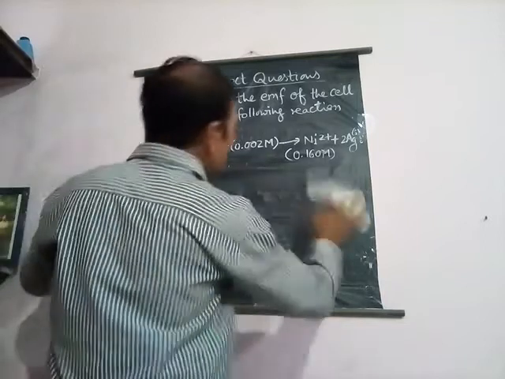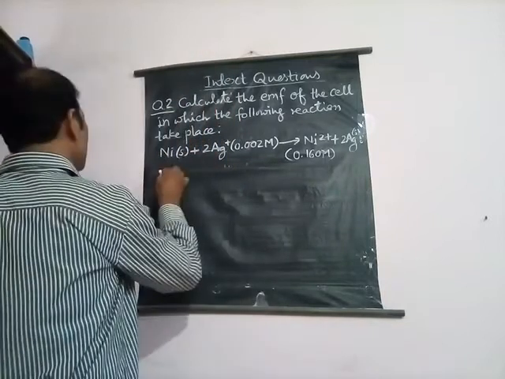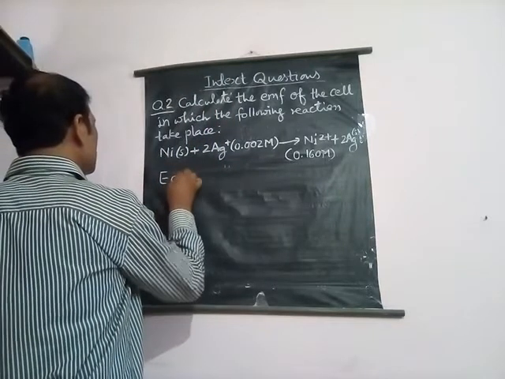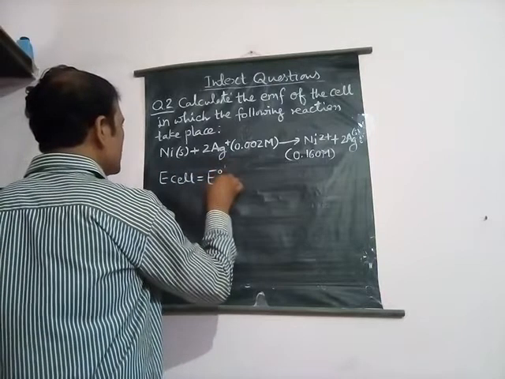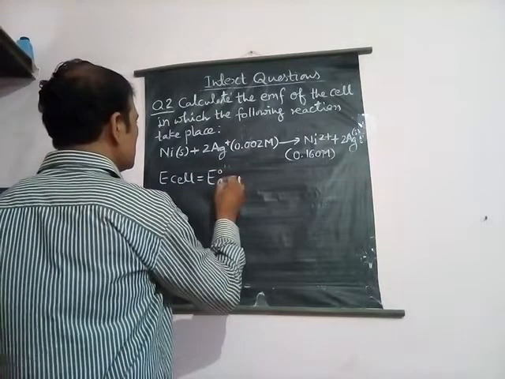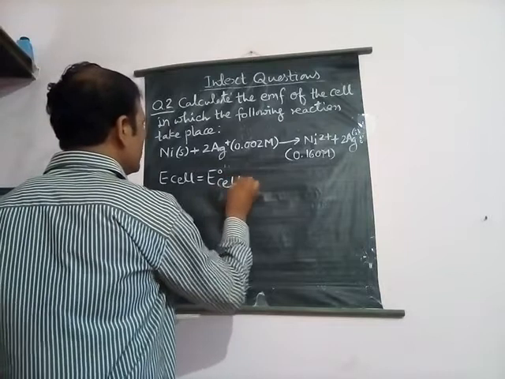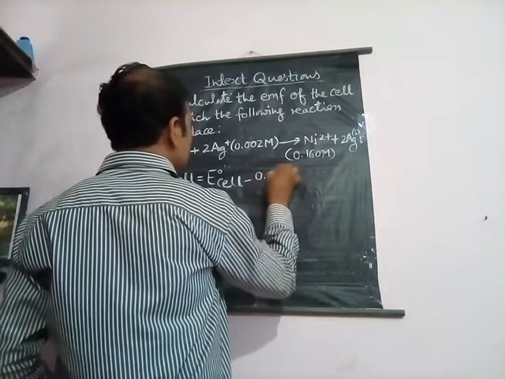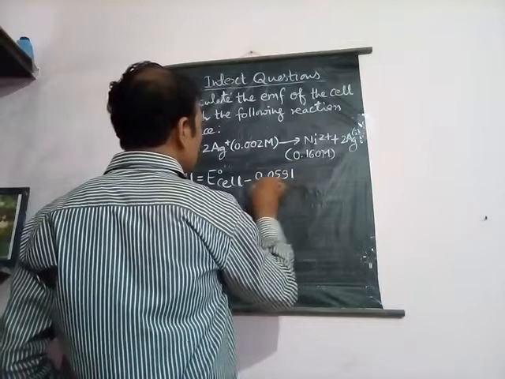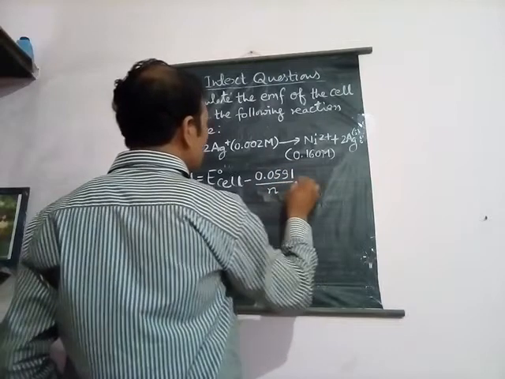For this type of cell, we can write the Nernst equation as E cell is equal to E naught cell minus 0.0591 upon N log.